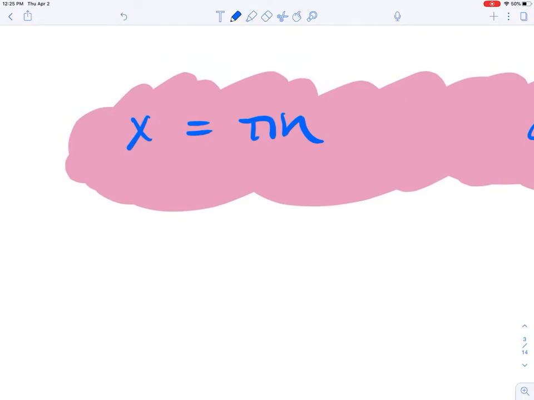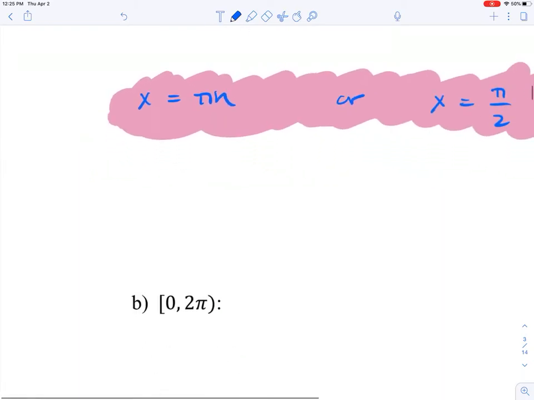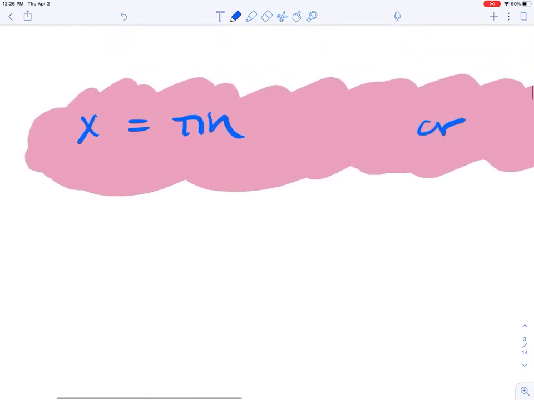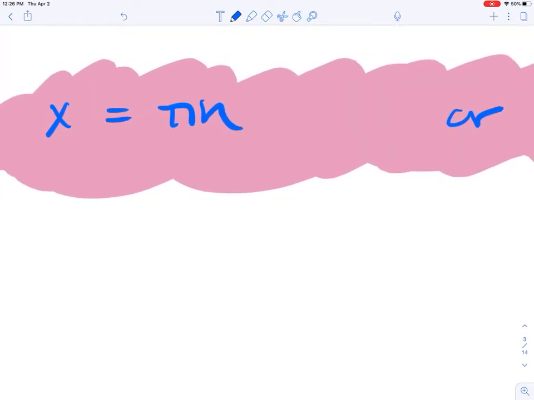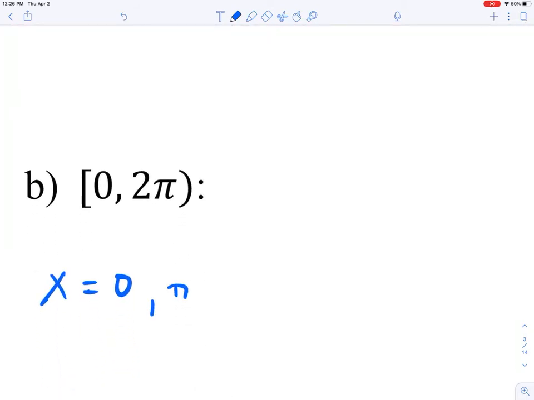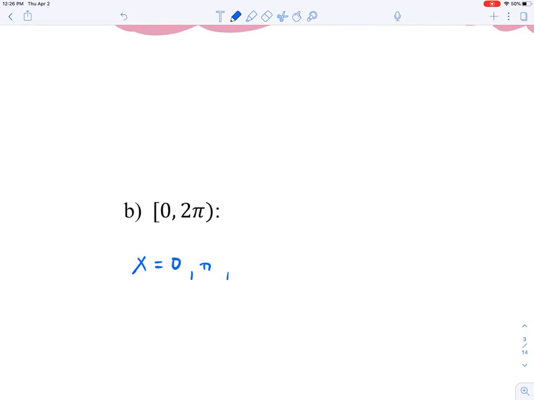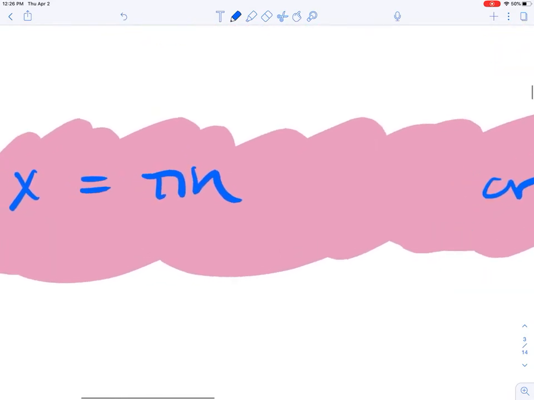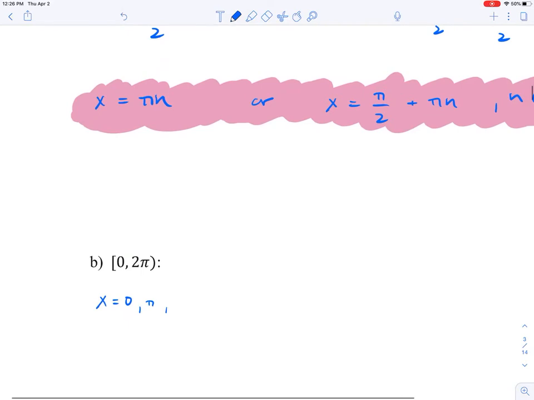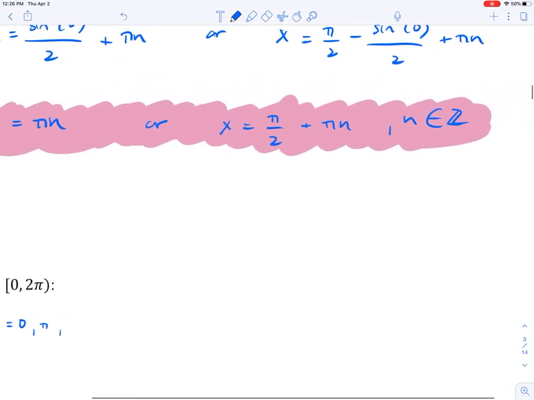So I can go to this first equation and go, okay, if n were equal to 0, that would be x equals 0. Well, that's on this interval. And then if n were equal to 1, x would be equal to pi. Well, pi is on this interval. Okay. If n were equal to 2, x would be equal to 2 pi. 2 pi is not included in the interval.